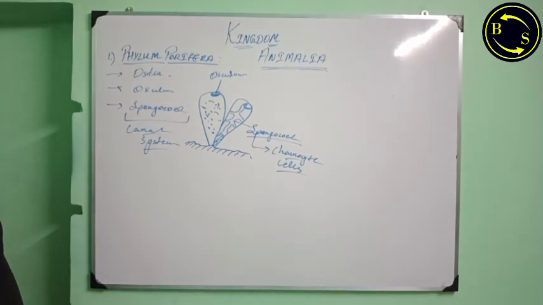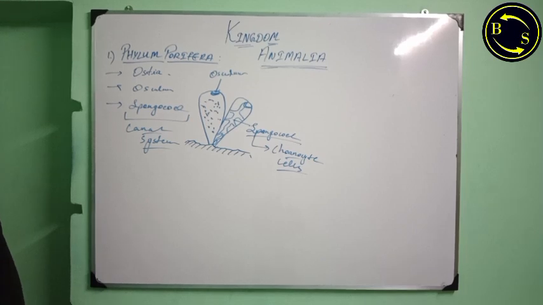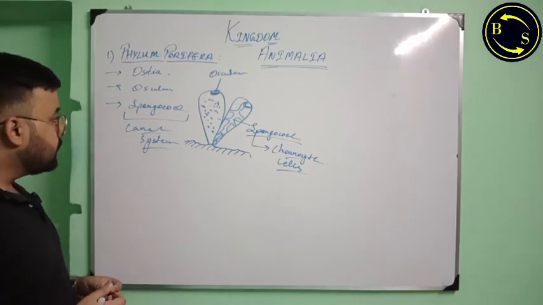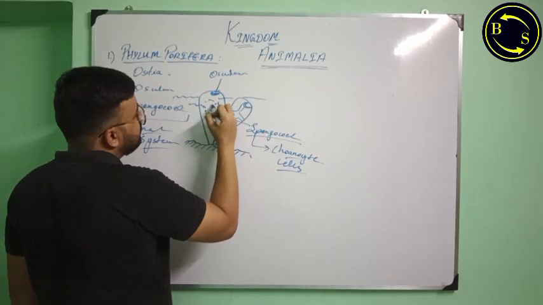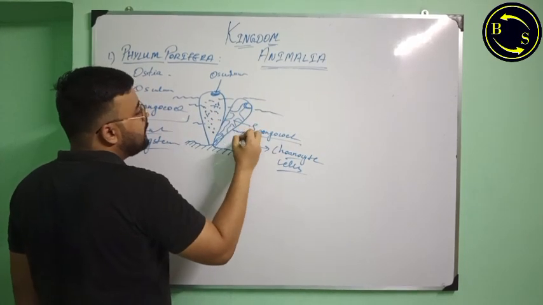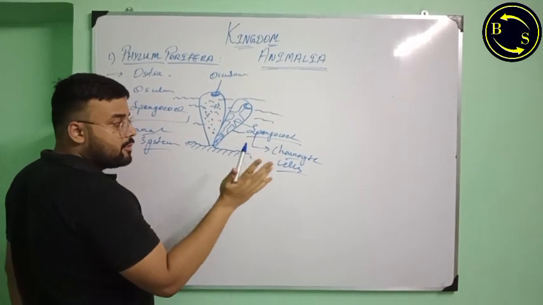They remain fixed, just like plants. Water current flows through them. Sea water flows through them. They are mostly marine, but some are freshwater also.